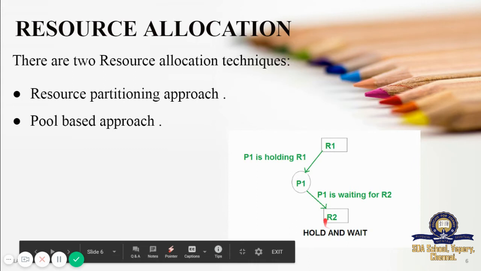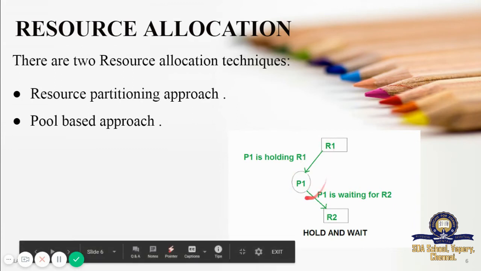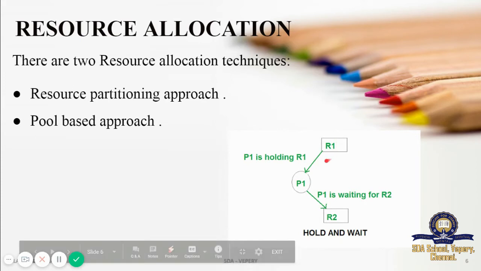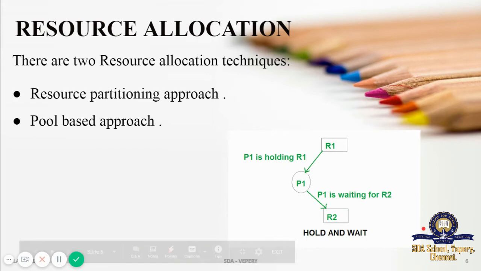When resource 2 is not allocated to anyone, then it can be allocated to P1. But what is it doing here? It is holding R1 and also requesting R2. So this is your input device. It is typing some document and it is waiting for the printer to take a printout. This is called waiting for input output. We'll see the next example in more depth.